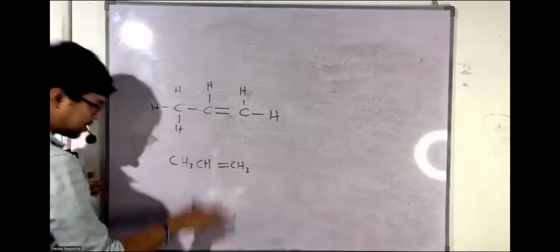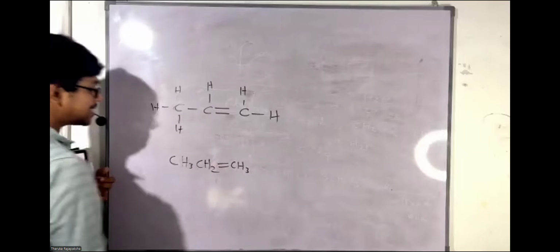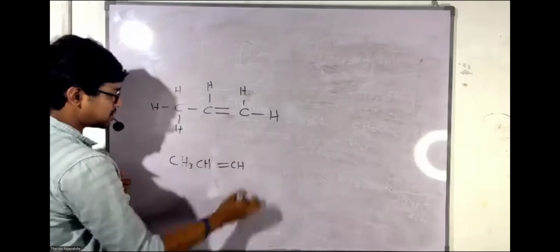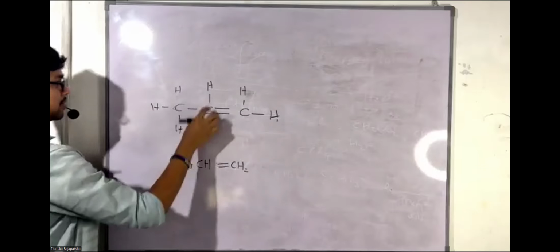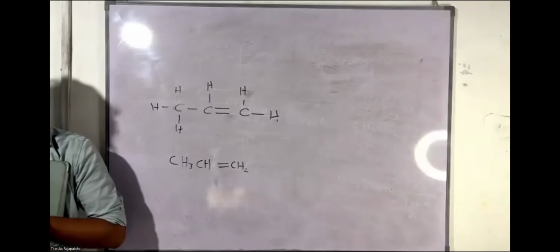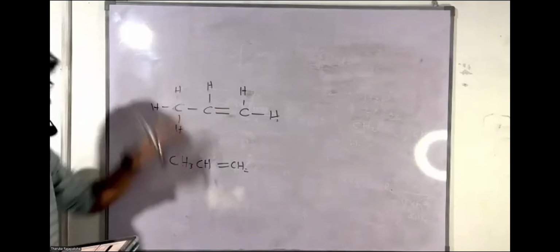You have to put only one hydrogen there, and here only two hydrogens. You have two hydrogens with this carbon, and one hydrogen with this carbon. That's how it happens. This is how you condense and write.